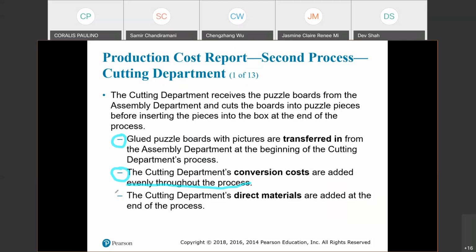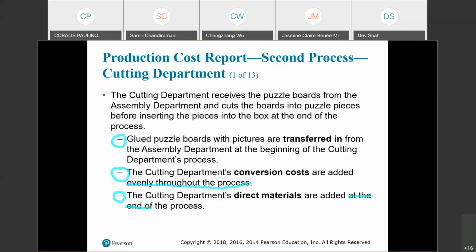But here is a tiny difference. For cutting departments, the direct materials are added at the end of the process. If you can recall that in the first department, direct materials are added at the beginning of the process.